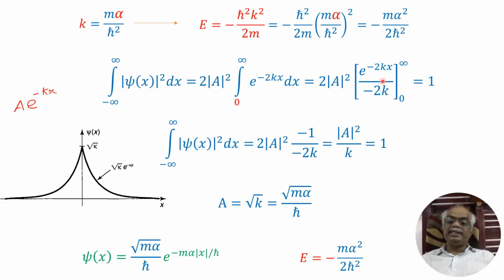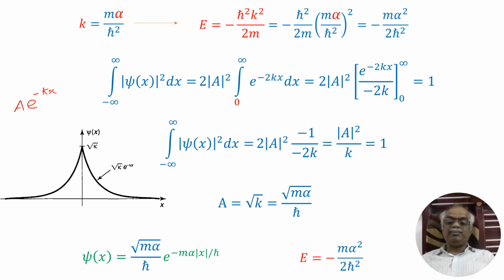If we apply the upper limit, e power minus infinity is 0, and if we apply the lower limit, e power 0 is 1, so minus 1 you will get. Already there is minus 2k in the denominator. So this will become 2A squared times minus 1 divided by minus 2k.